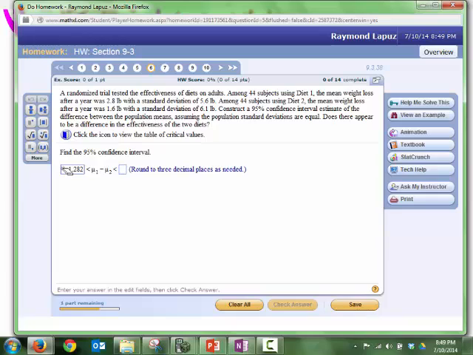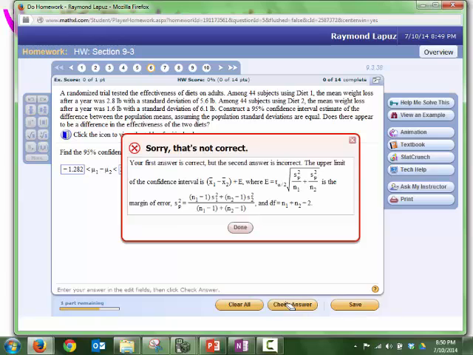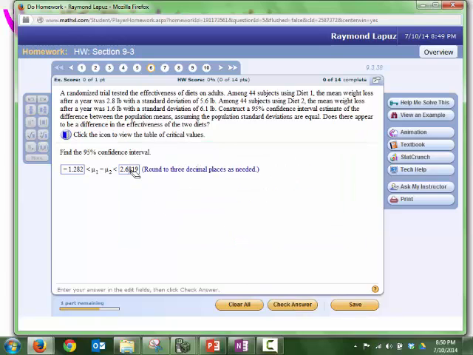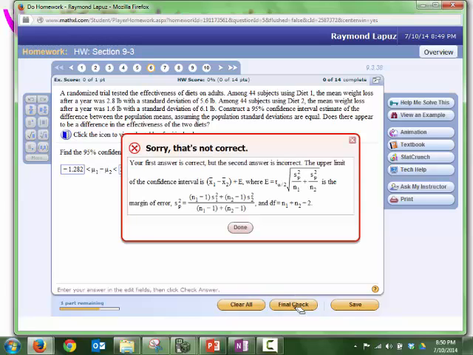And the second one was what? 3.6819, so 3.682. I think I put 19 here and it'll still be okay. I know, but if I put 19, it should be okay, right? Sorry. Oh, it's still wrong.